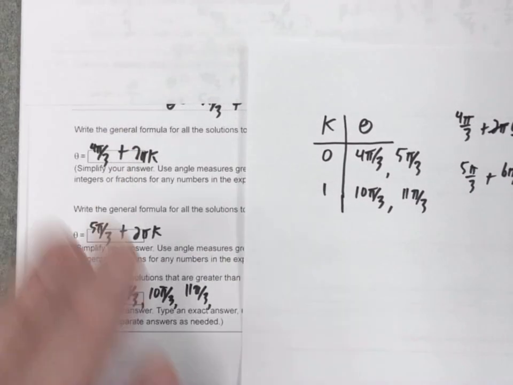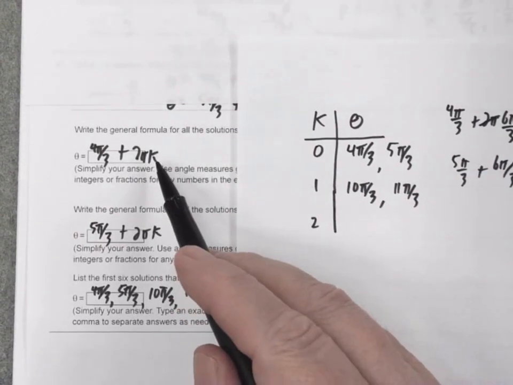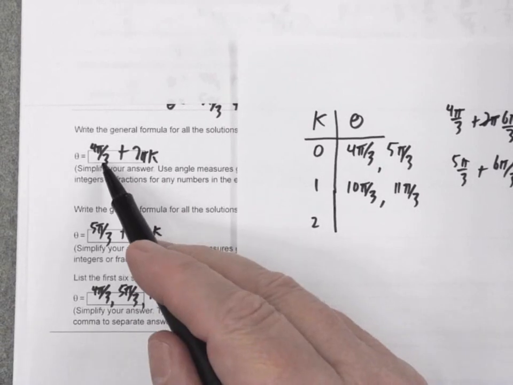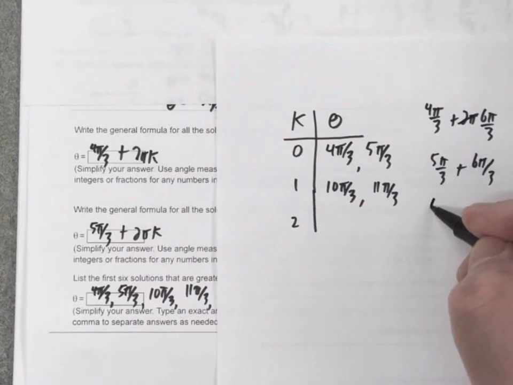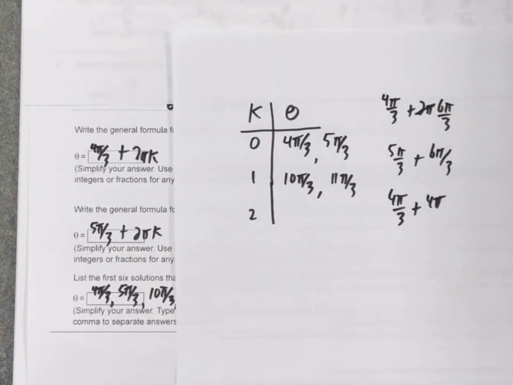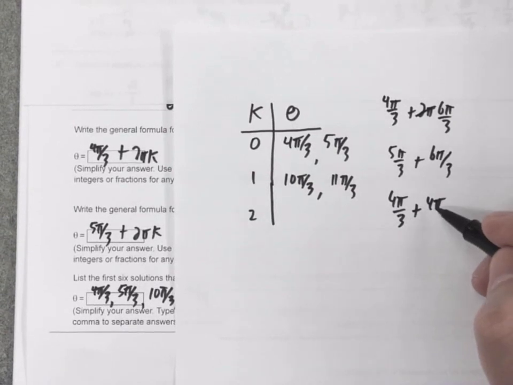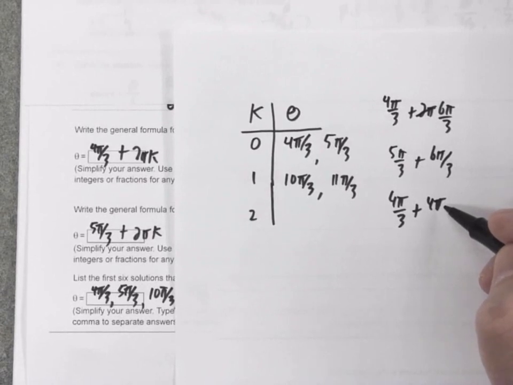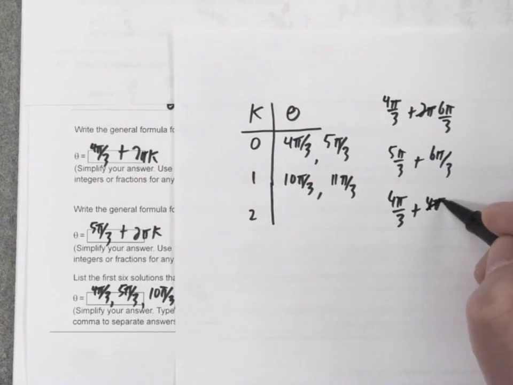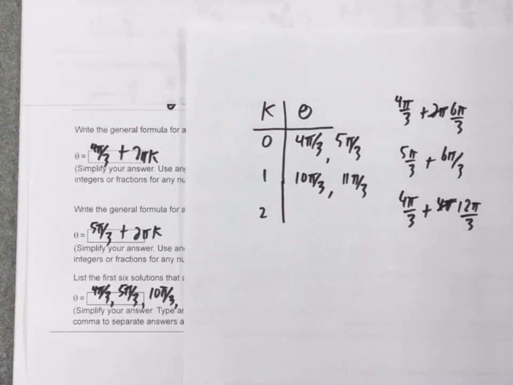So there's 4. I have to get 2 more, so let's set k equal to 2. When I put a 2 in for k here, 4 pi over 3 plus 4 pi. Of course, 4 pi, if I convert to a denominator 3, so let's multiply top and the bottom by 3. It's 12 pi over 3, so 4 pi over 3 plus 12 pi over 3 is 16 pi over 3.